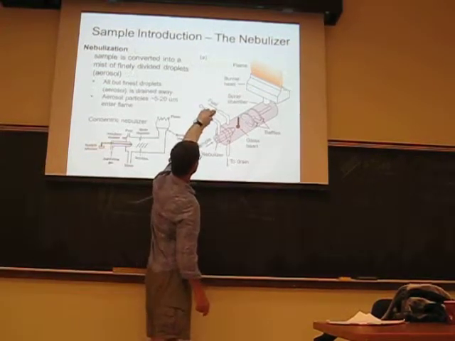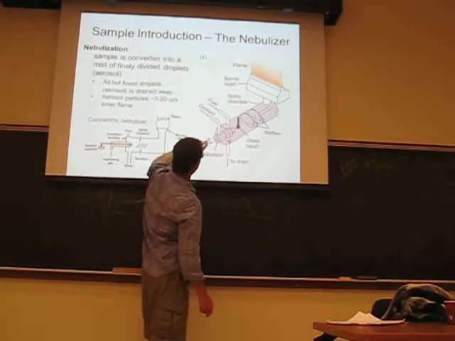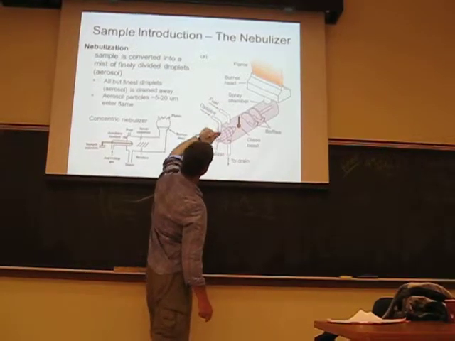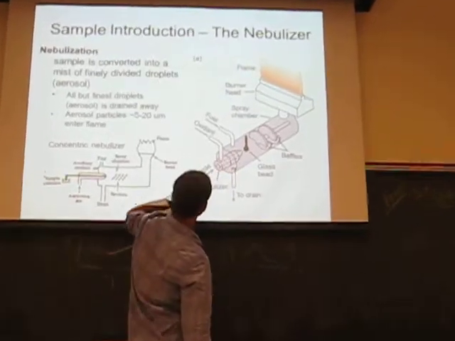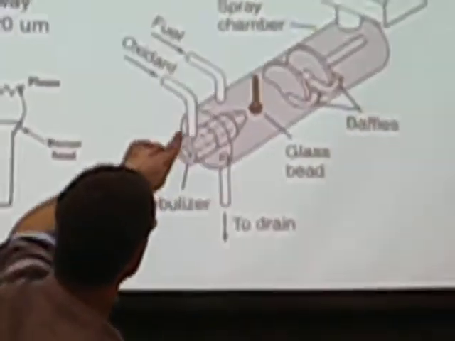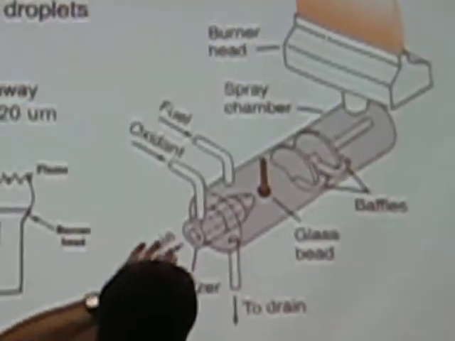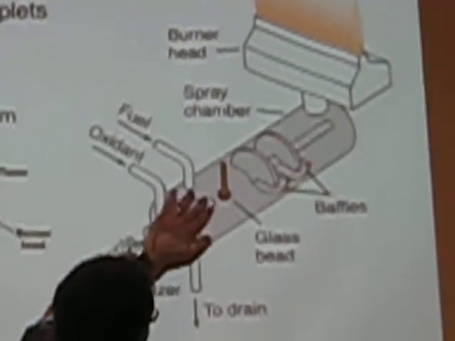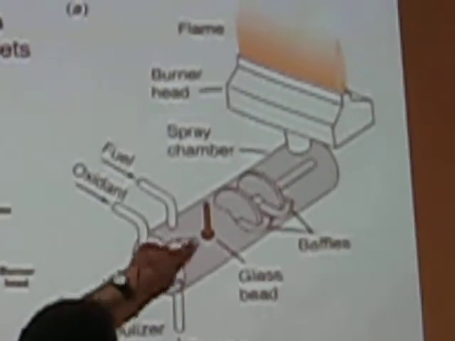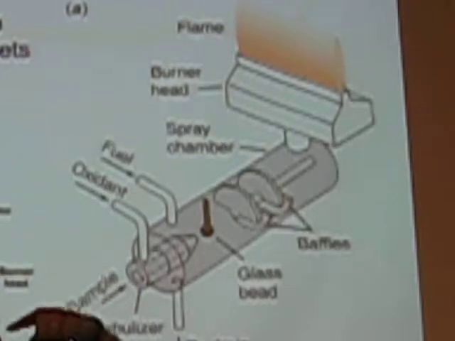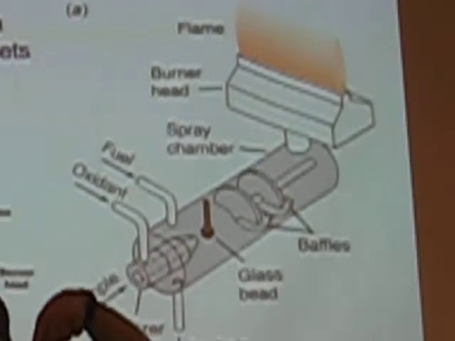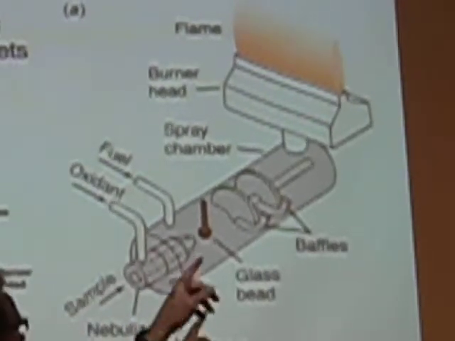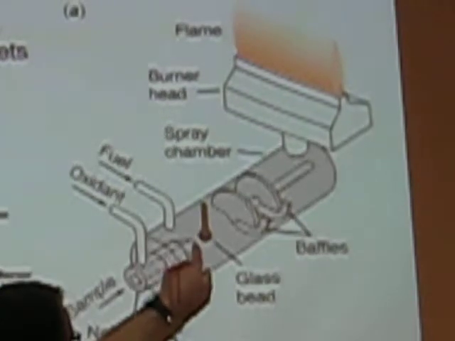And the air comes in and flows along this, and your tube comes in. This is a really small diameter tube with an outer jacket, and the Venturi effect of the gas flowing through here will start to draw your sample just by flow, not gravity, but by the Venturi effect of the air pushing along this way across the tip.